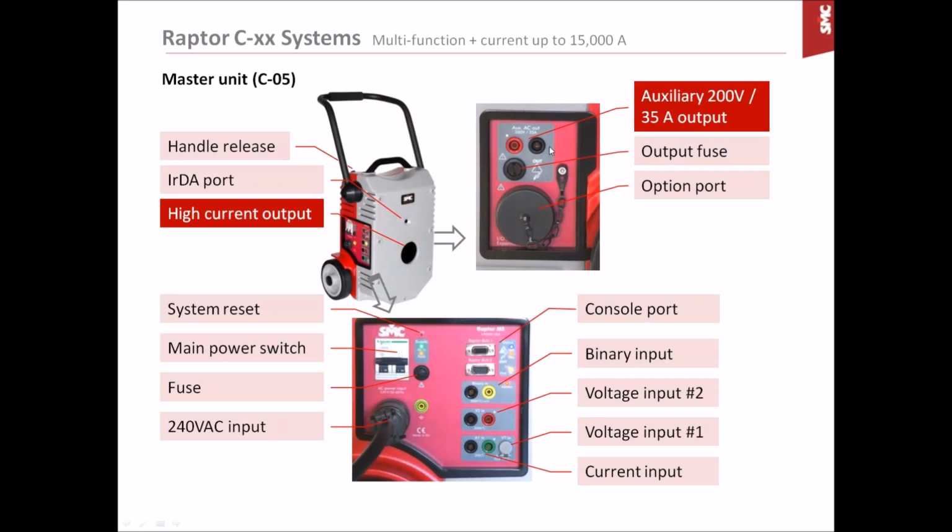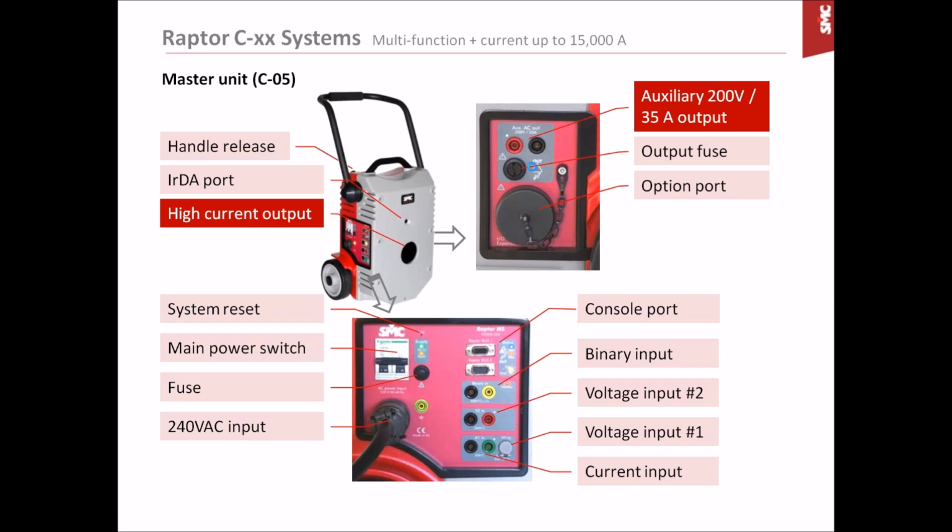So we will be using the auxiliary output on the right side of the unit, which is here. Okay, and we'll inject voltage in the secondary of the transformer while the Raptor is measuring the current flowing in the secondary.